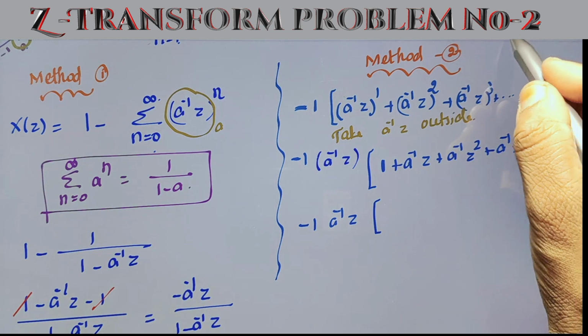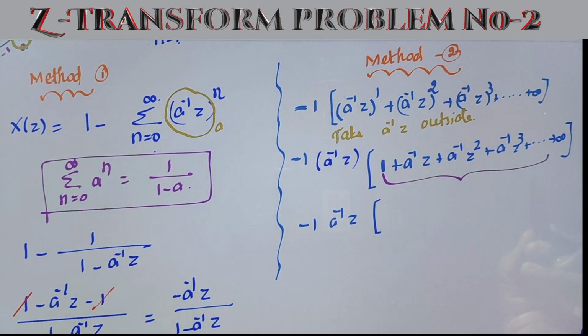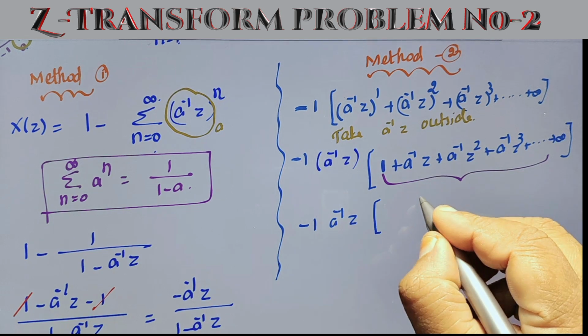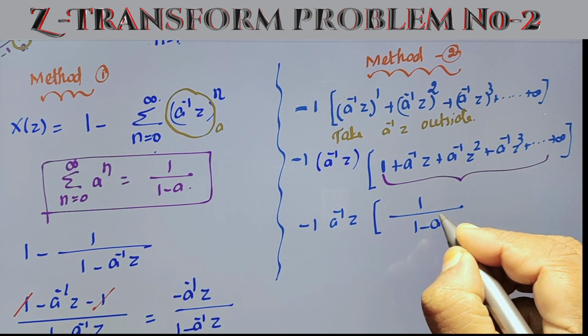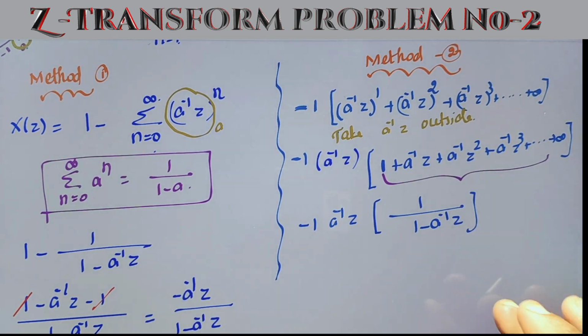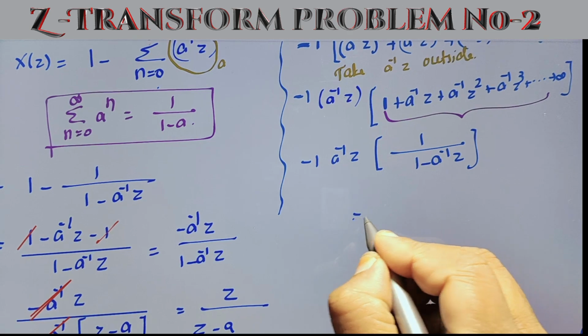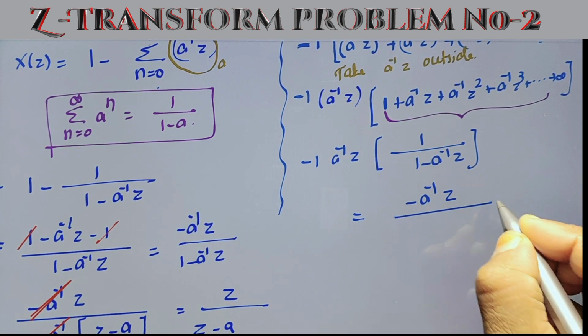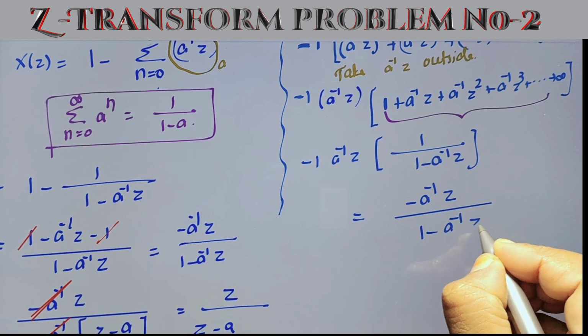So, for the remaining term, write the formula. Here write the formula 1 by 1 minus a inverse z. Okay. For the final step, minus a inverse z the whole divided by 1 minus a inverse z.